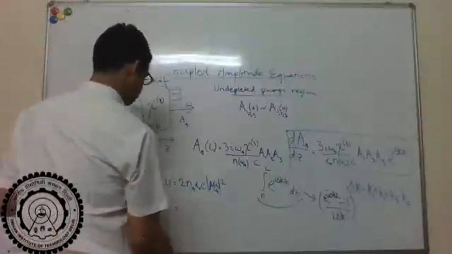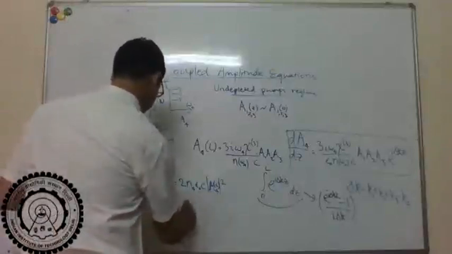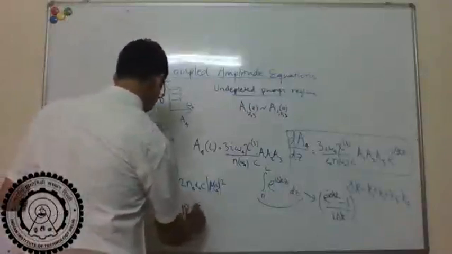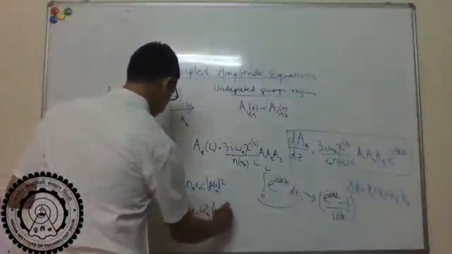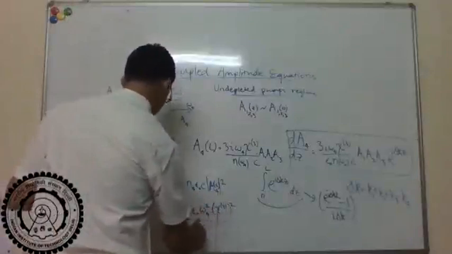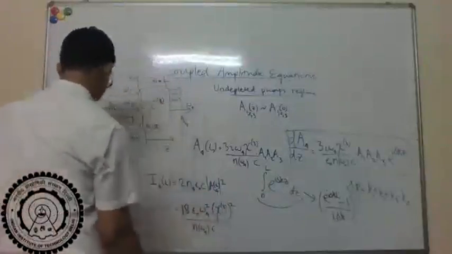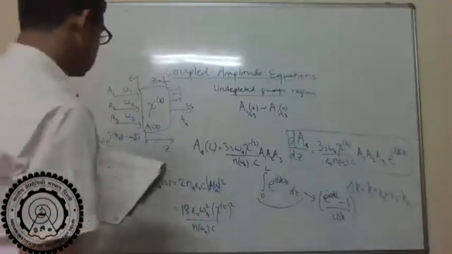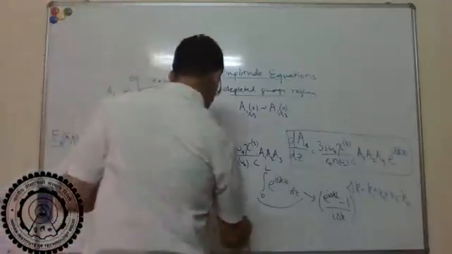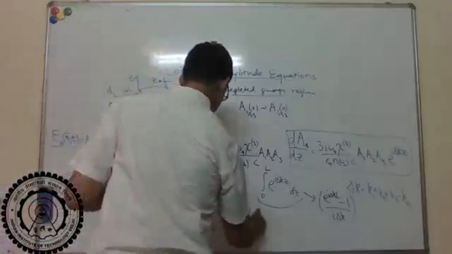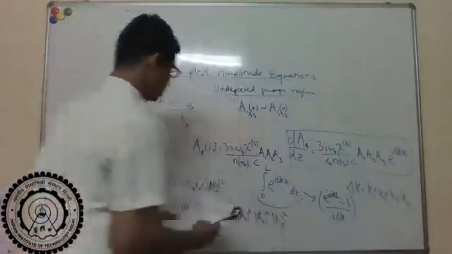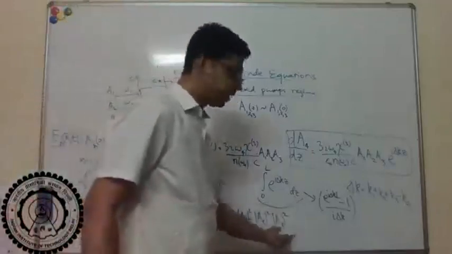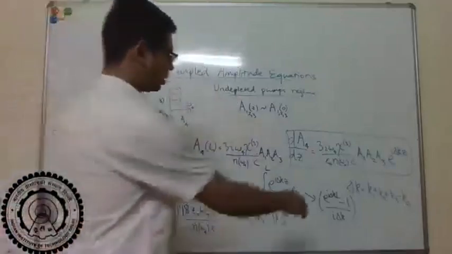So let's see, we get some constant factors here. You get mod A1 square, mod A2 square, so sort of the product of the input intensities. And then you get the mod square of this.